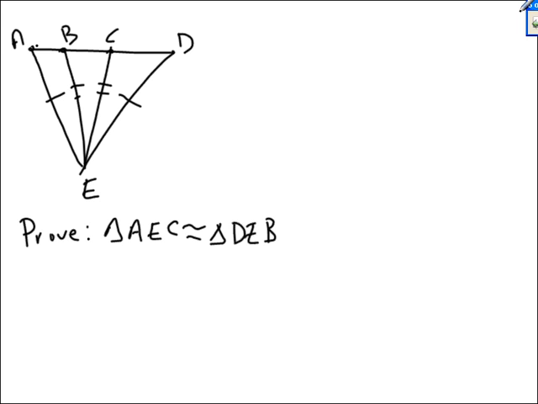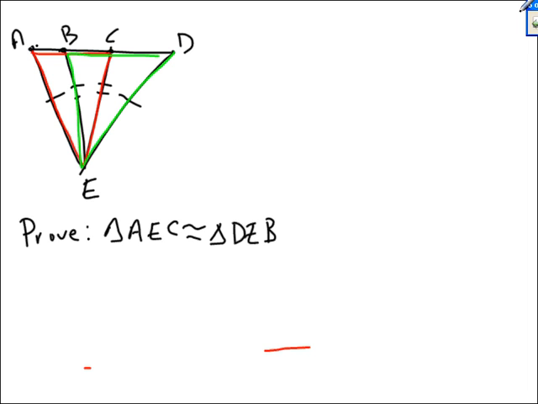Well, the first thing you might want to do in such a problem is to actually find out where those triangles are. AEC. That's that triangle. And DEB is that triangle. So these two triangles kind of overlap.